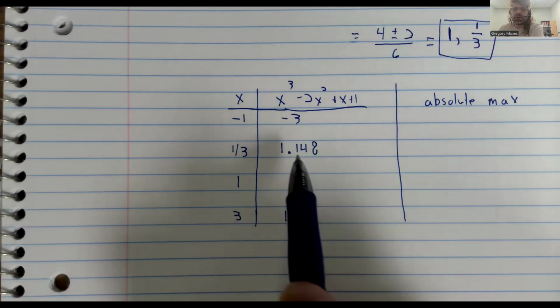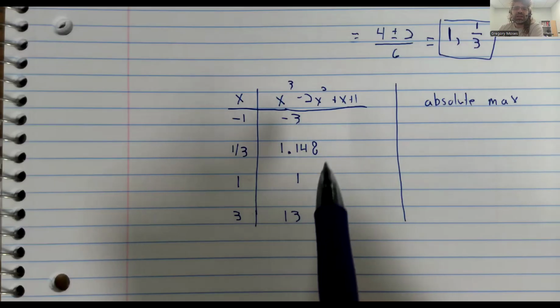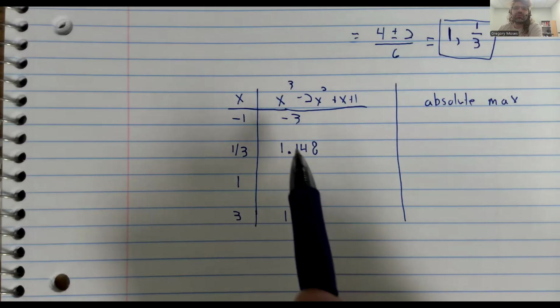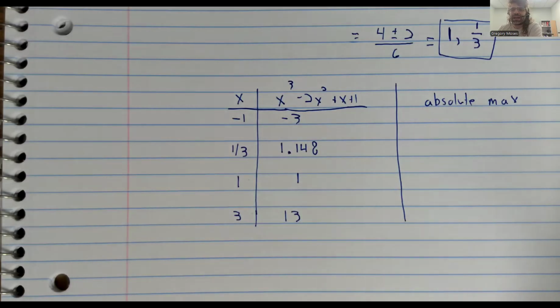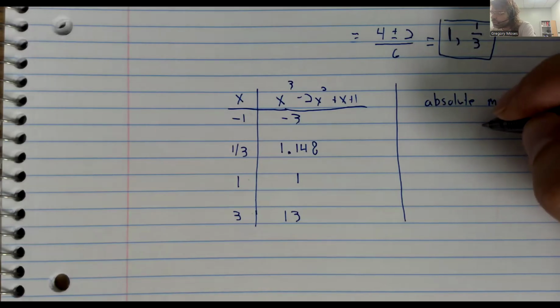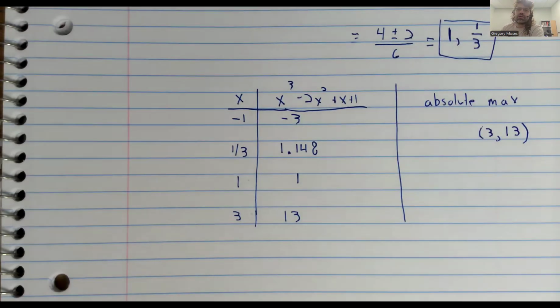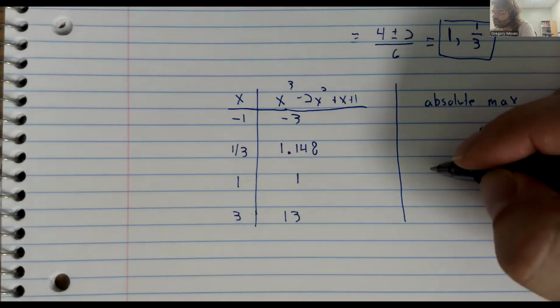Is it going to be 1.148? Is it going to be 1? Or is it going to be 13? Which of those values is the maximum value? Of course, it's 13. The absolute maximum occurs at the point 3, 13.